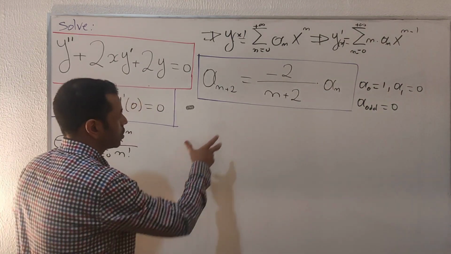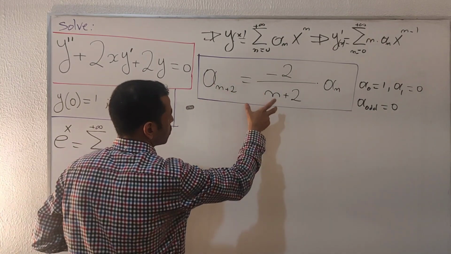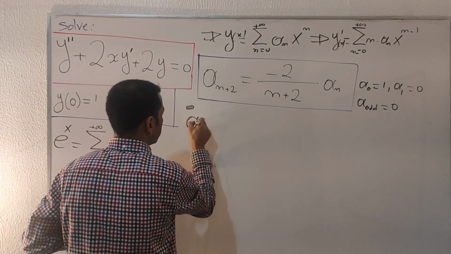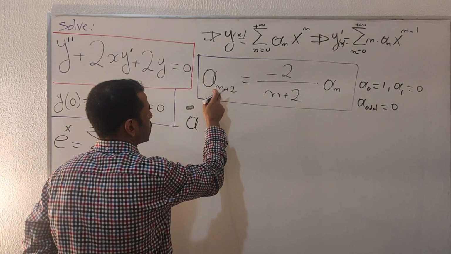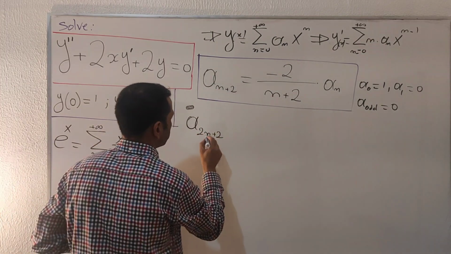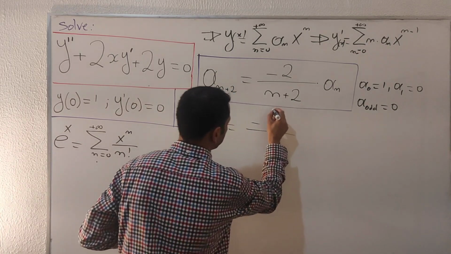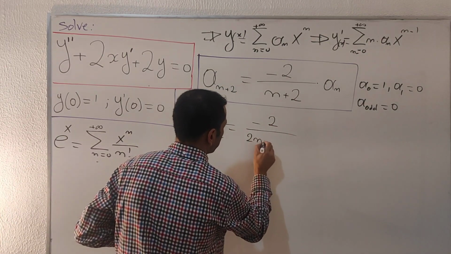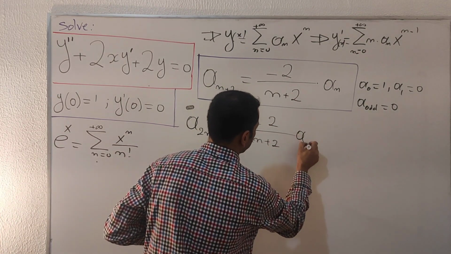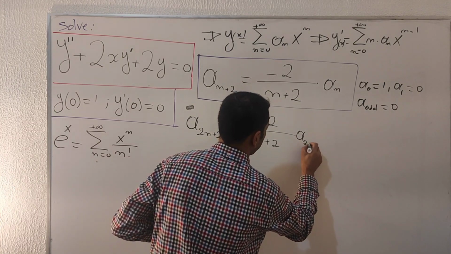Which means this recursion becomes even. Since this is even, I'm going to replace n with 2n. E sub 2n plus 2 equals minus 2 divided by 2n plus 2 multiplied by e sub 2n.